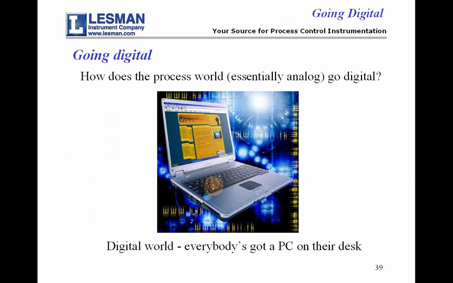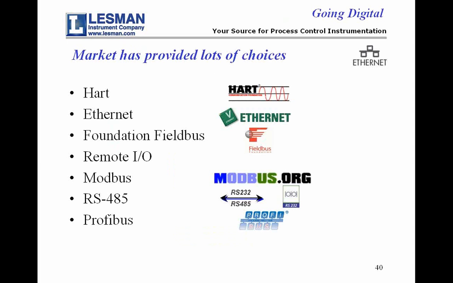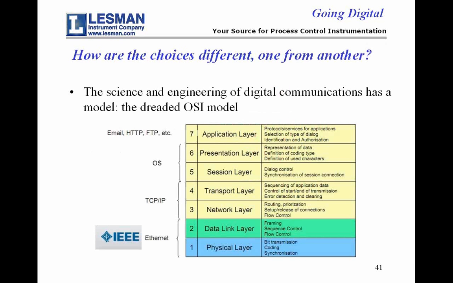So if we decide that we want to go there, how do we get there? Well, part of this world is the PC on our desk because it's digital, but we're also going to exploit what the marketplace has already given us. You'll recognize these terms up here, HART, Ethernet, Remote I/O, Modbus, RS-485, and so on, because the marketplace has given these as components to expedite or to implement this industrial communications.